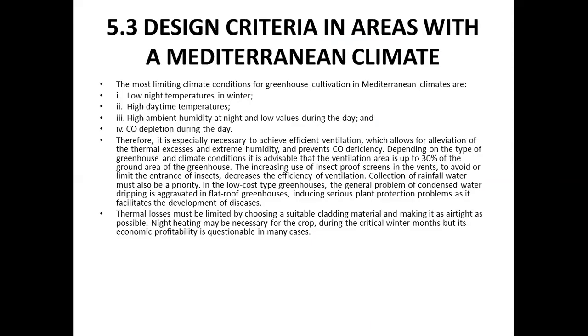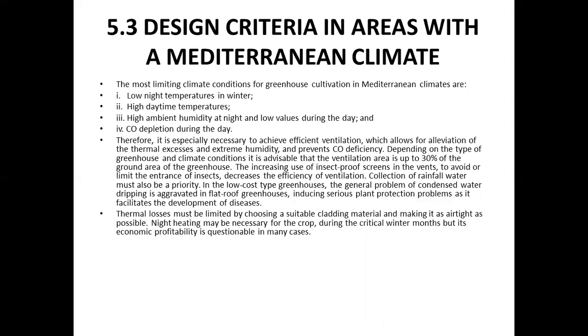So, design criteria in areas with a Mediterranean climate. The most limiting climate conditions for greenhouse cultivation in Mediterranean climates are low night temperatures in winter, high daytime temperatures, high ambient humidity at night and low values during the day, and CO2 depletion during the day.